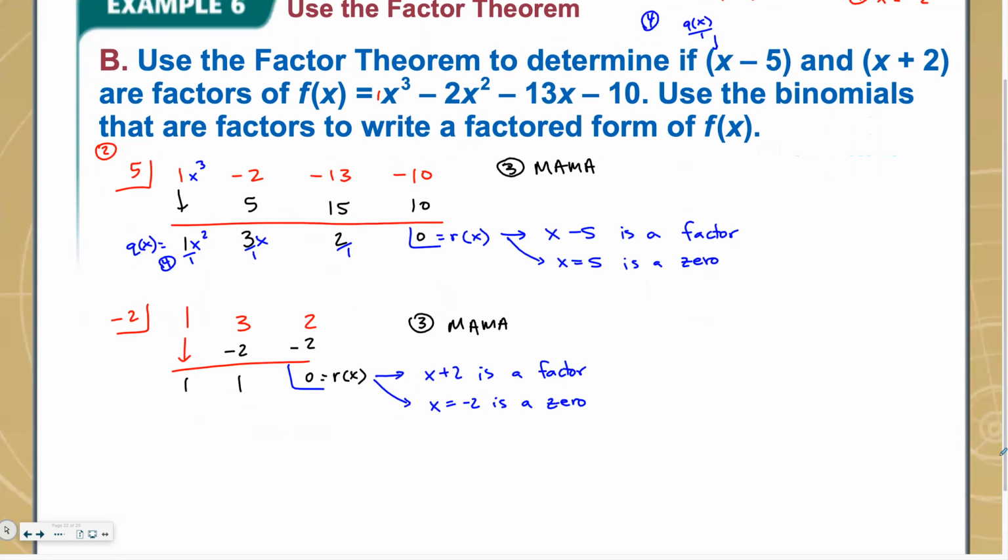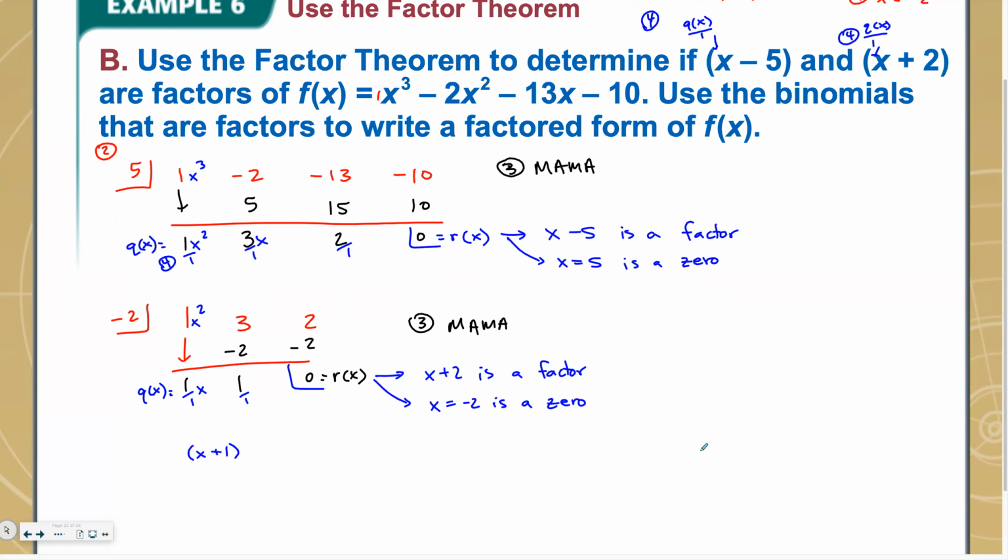Now, one more time, I need to do step 4 here. Step 4 would state that you take your q of x, your quotient, and you would divide that by 1 because that's my number right there. So these would both get divided by 1, and this quotient here is my last factor. So it was x squared. When it drops, it becomes an x. So this is the factor x plus 1.